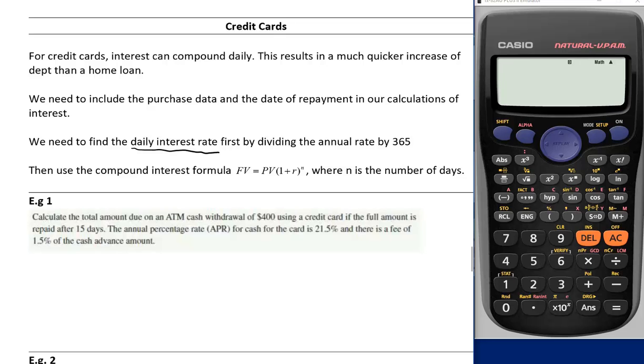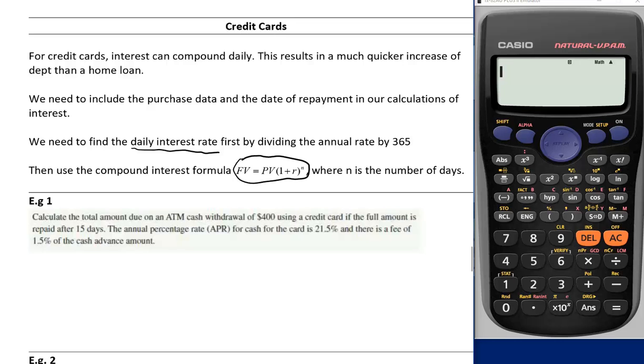So we need to make sure we're not buying too much on our credit card, because if we can't pay off our debt, that debt is going to increase very quickly and get out of control. So we need to make sure we can pay it off in the amount that we expect to without the interest increasing too much.